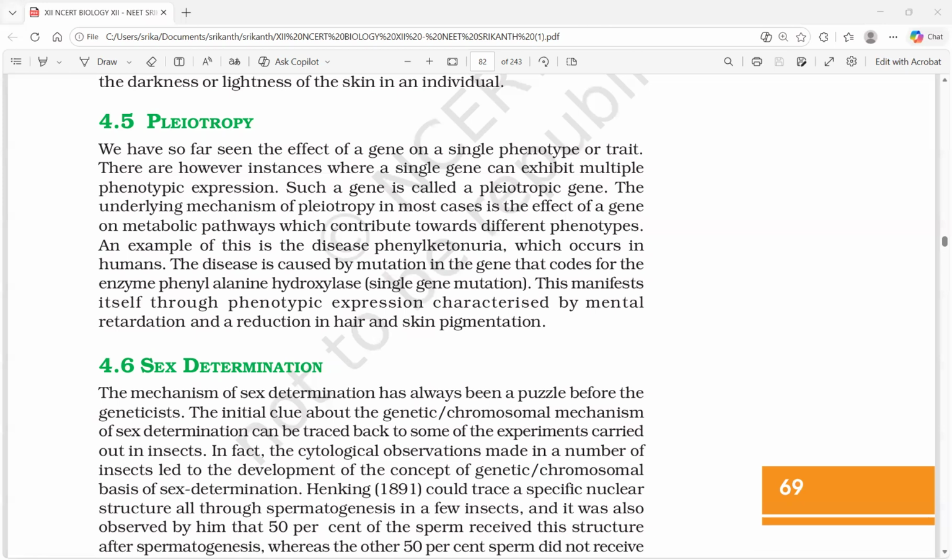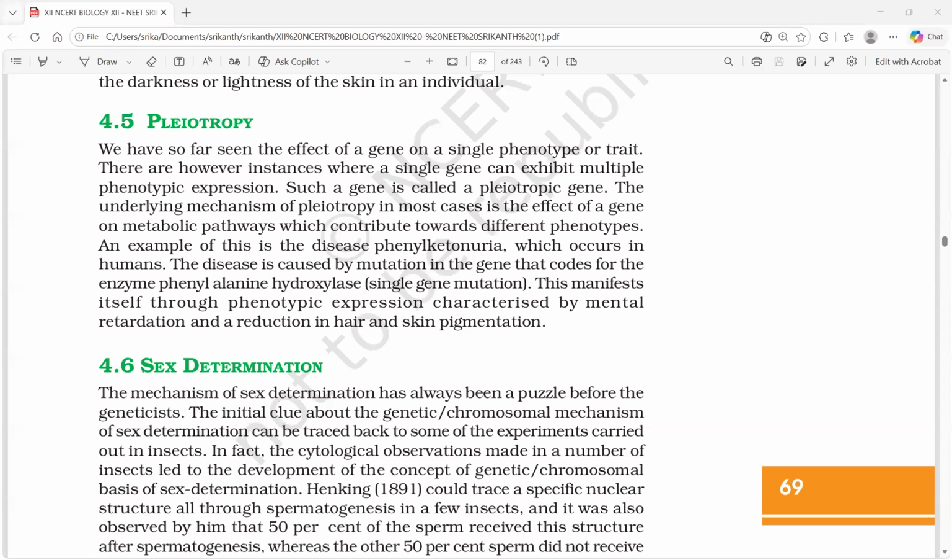So let's see the mechanism. What is the mechanism behind this? Phenylalanine is an amino acid we take through the food. This phenylalanine, in the presence of the enzyme phenylalanine hydroxylase, has to be converted into tyrosine.